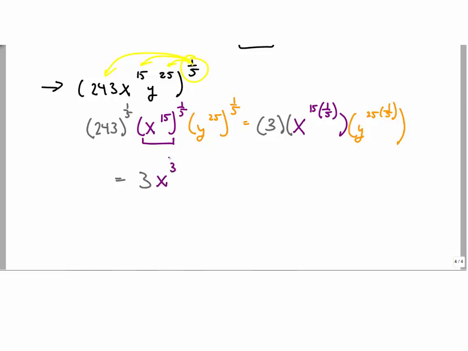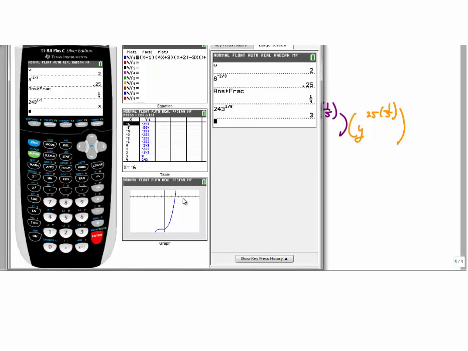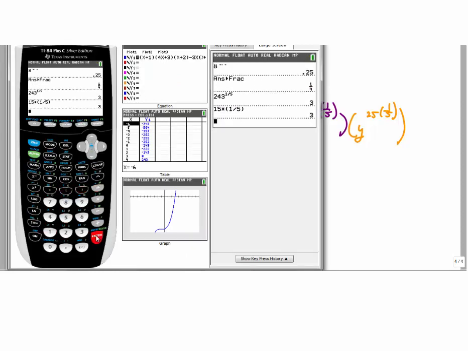And if you're not good with your fractions, remember, grab your calculator. 15 times 1/5. So I'd have 15 times 1/5, and I want to put this in parentheses to make sure I'm multiplying correctly, and I do get my 3 here. Now my other one that I see from over here is 25 times 1/5. 1/5 of 25 is 5, but if you need to check that, you go 25 times 1/5.